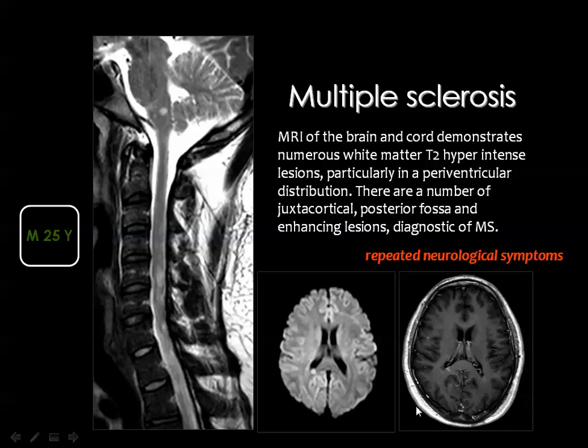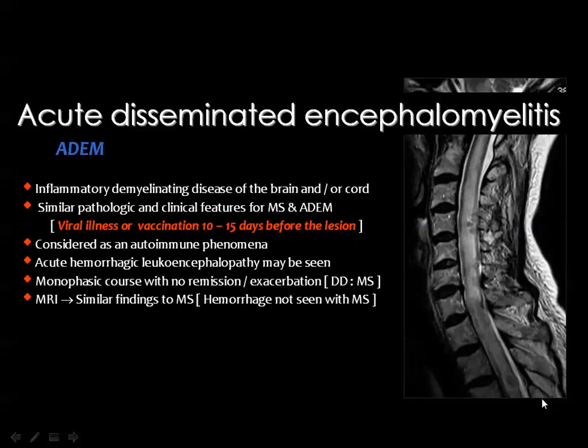And in the brain scans, whenever we see other focal lesions in the white matter, particularly if they are close to the ventricle, as you can see here in this FLAIR image, and also in the T1 post contrast, you can appreciate that the lesion is somewhat enhancing, denoting activity of the lesion.